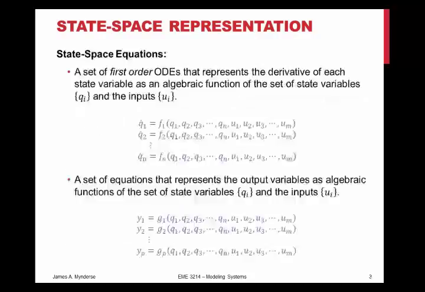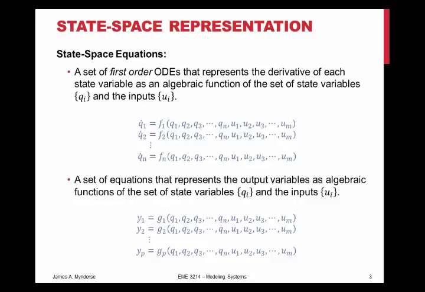Now we're going to take our equations of motion, and we're going to write them out as first-order ODEs so that we can line them up nicely with our state vector. Each equation will define one derivative of one state.